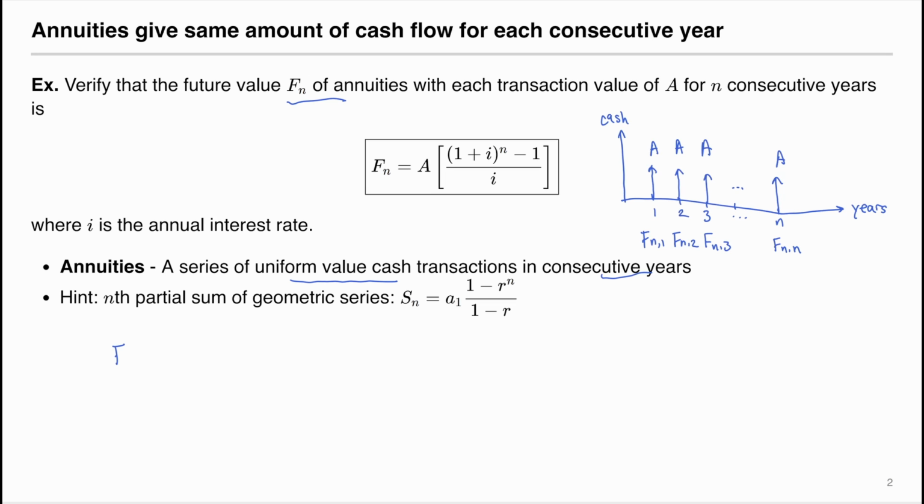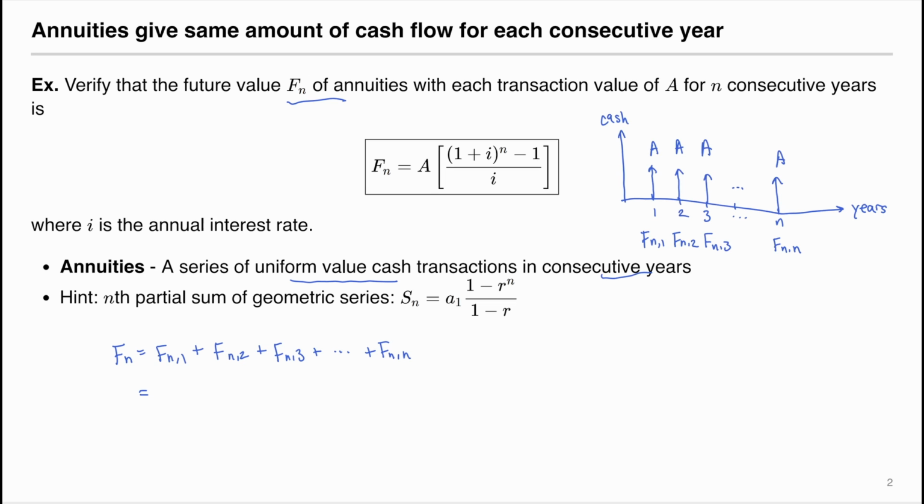The total future value will be the future value at year 1 plus the future value at year 2 plus the future value of year 3, and add up to the future value of year n. This n represents how many consecutive years the annuity will add up to.